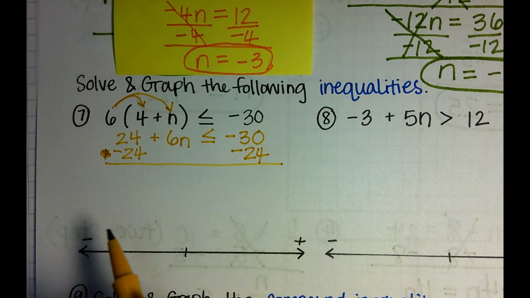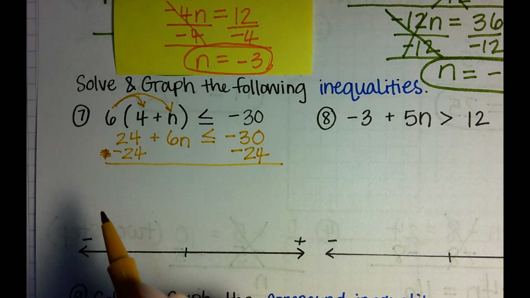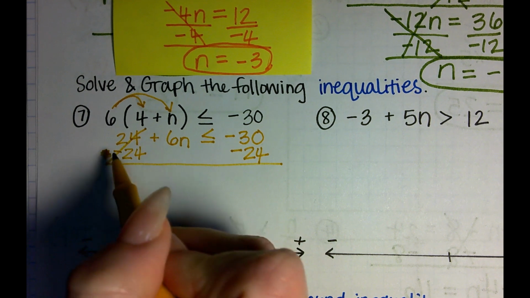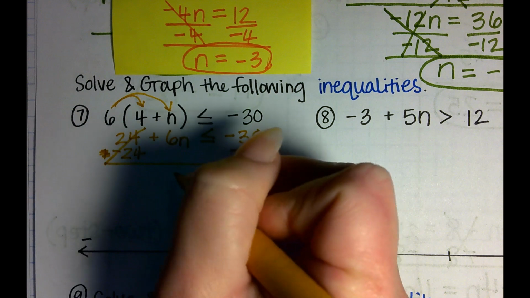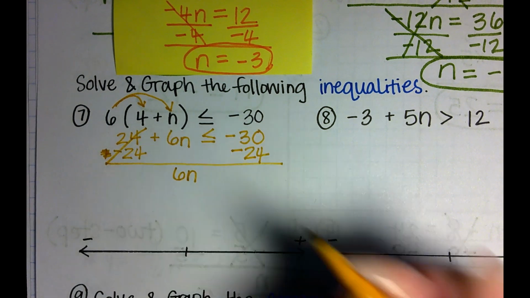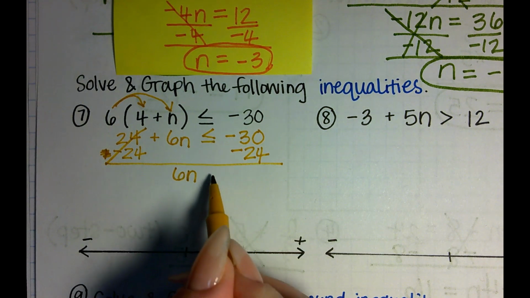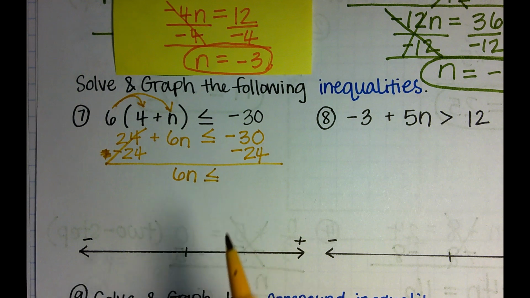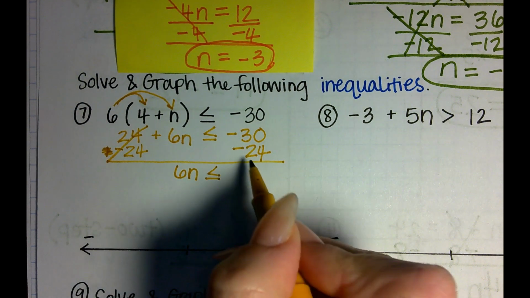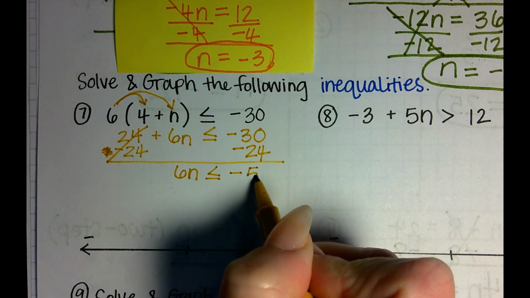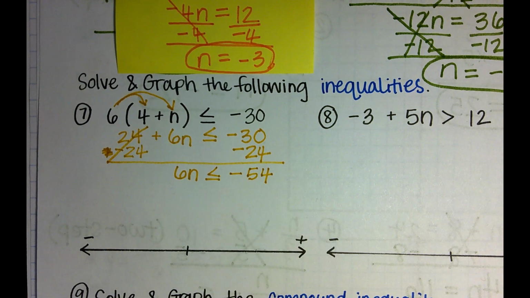So what happens at this step? Good, my 24s cancel. We'll bring down 6 times n, less than or equal to -54. Good.